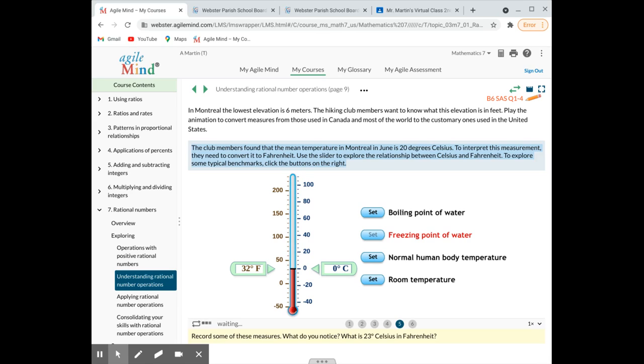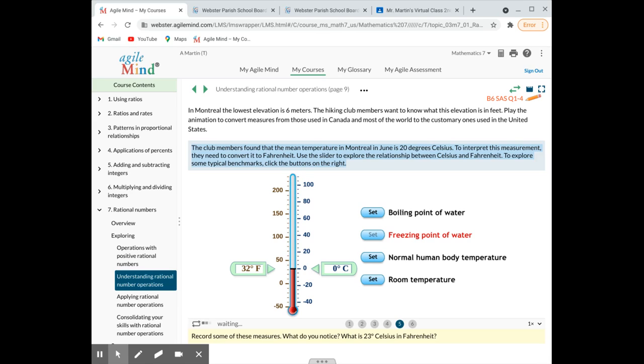To interpret this measurement, they need to convert to Fahrenheit. Use the slider to explore the relationship between Celsius and Fahrenheit. To explore some typical benchmarks, click the buttons on the right.